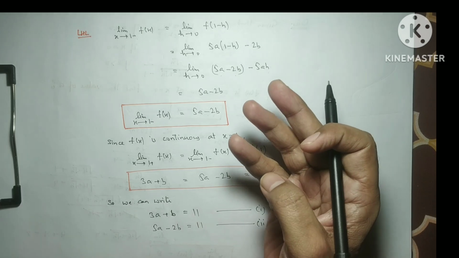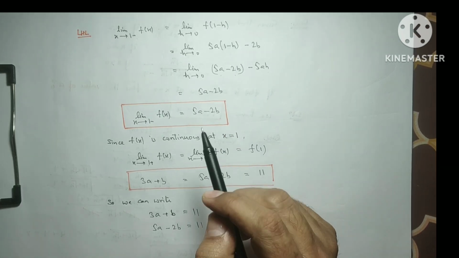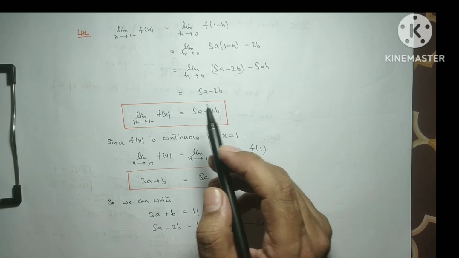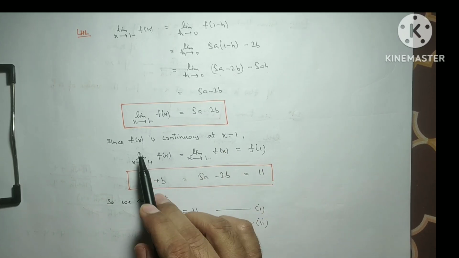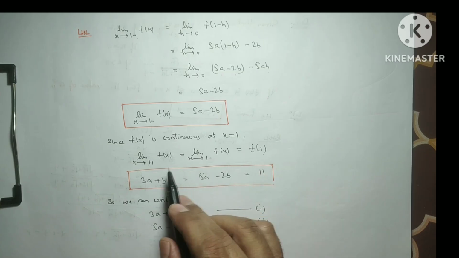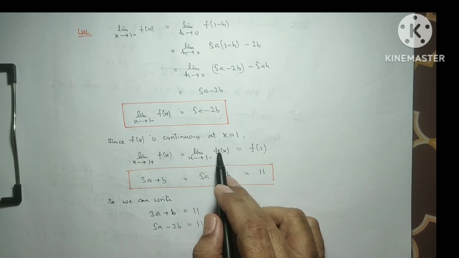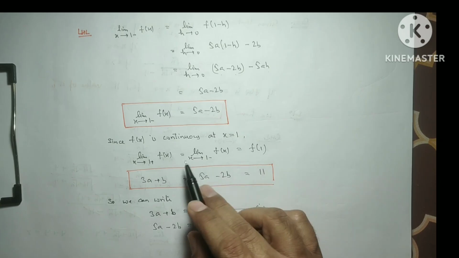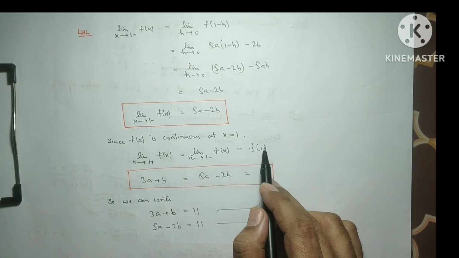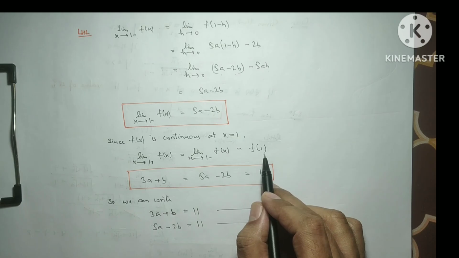Right now we have all the three values: the value at the point, the right hand limit, and the left hand limit. The given function is continuous at x equals 1, so all these three values should be equal. The function exists, and the values of these limits should be the value of the function at that point.